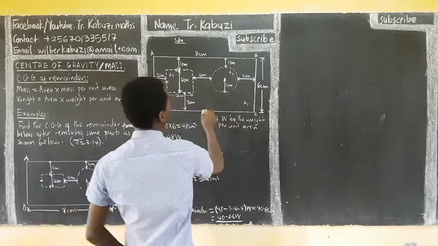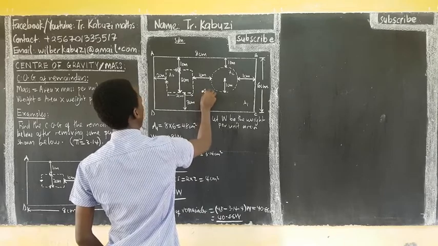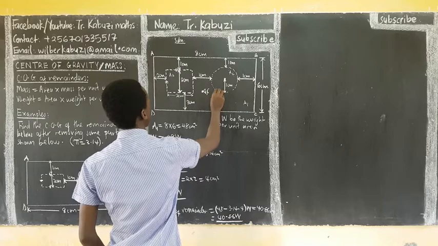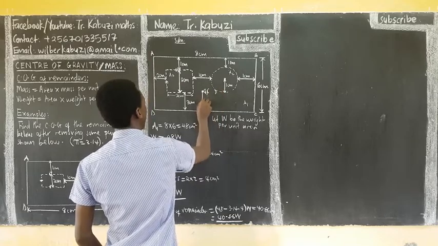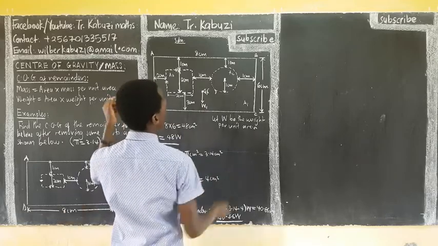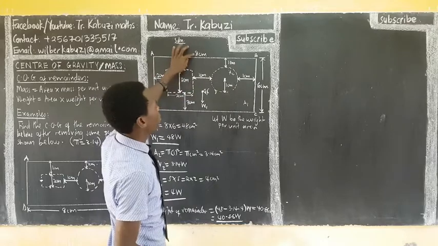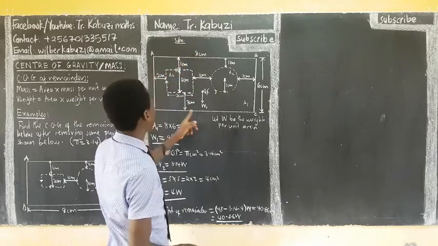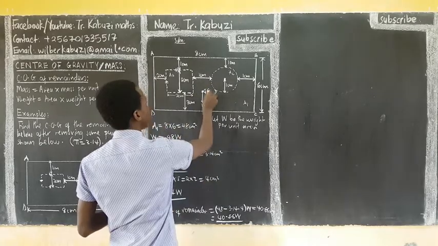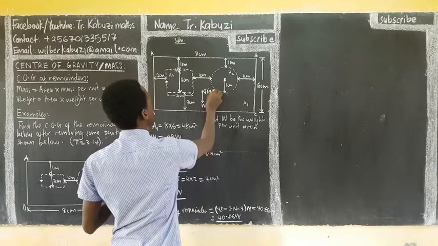Now, we need to come and get the center of gravity. The center of gravity for this one, I'm going to say it's going to be D1, with its weight W1 acting there. So what are the coordinates? Because this is the rectangle, the center of gravity of the whole is going to be in the middle. So if from here up to here is 8, then from here up to the middle it's going to be 4. From here up to here is 6, meaning this is going to be 3.